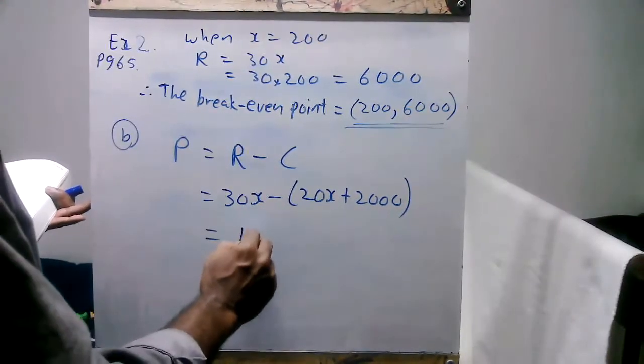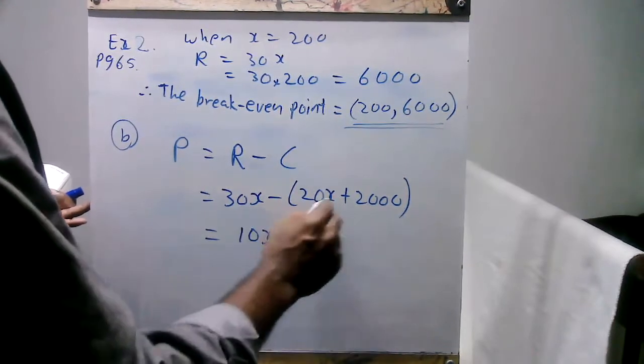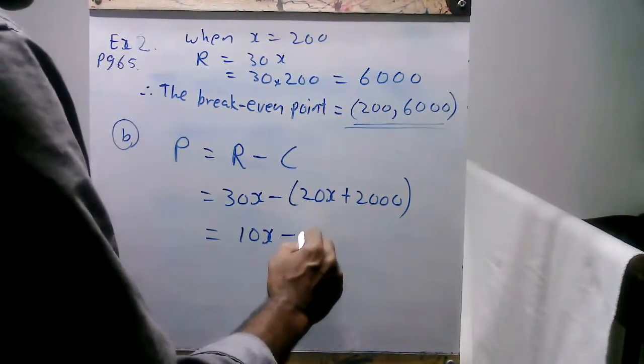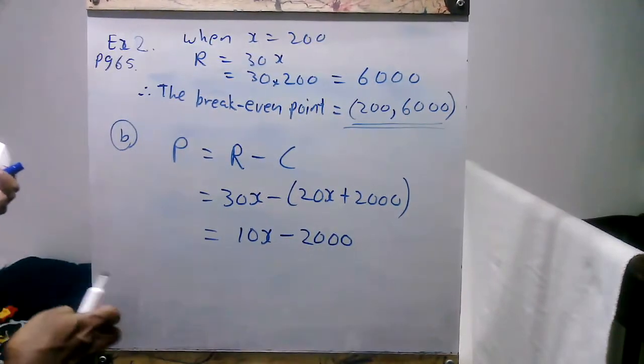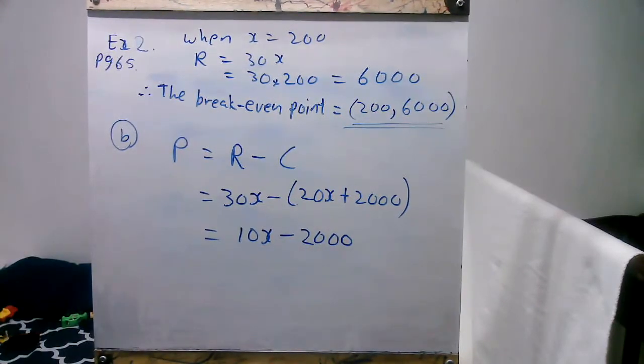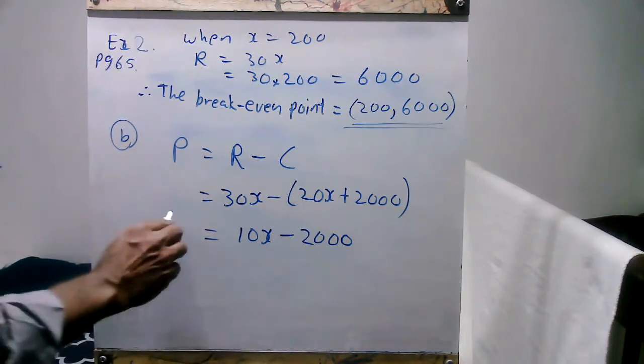This is 10x minus 2000. Okay, that is part B, profit equation.